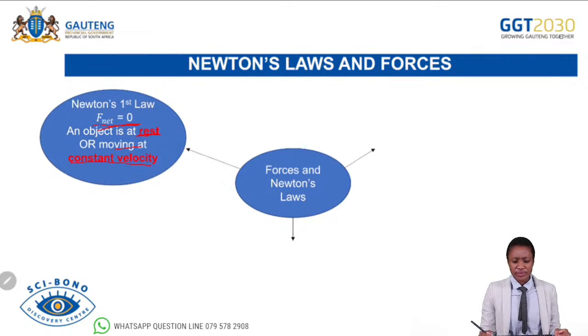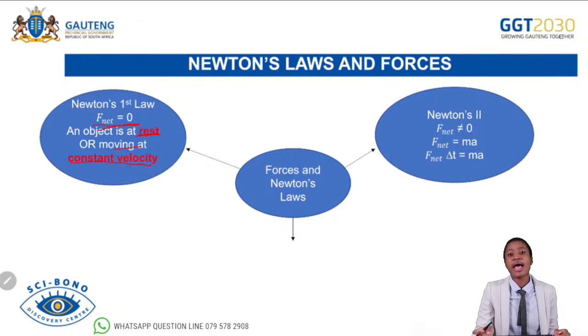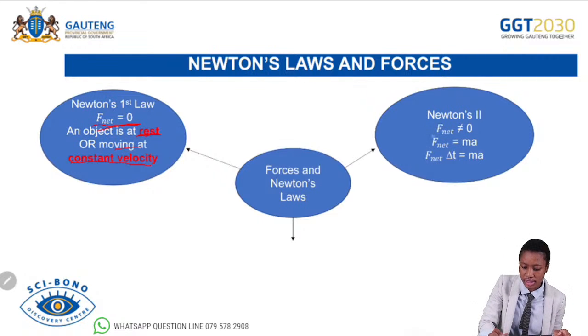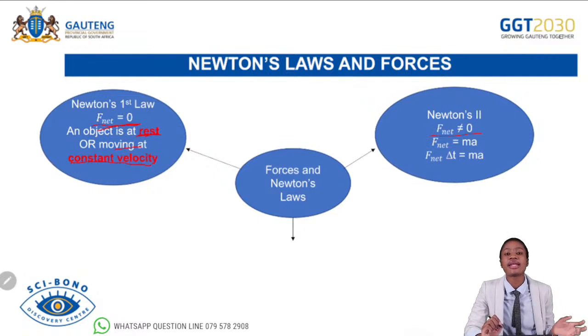So now what is the difference between the first and the second law? In the second law, the first point is that the net force does not amount to zero. They don't add up to zero. Because there is a net force, we will experience acceleration.